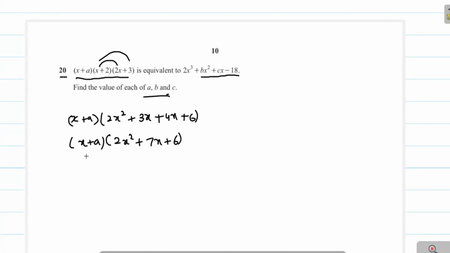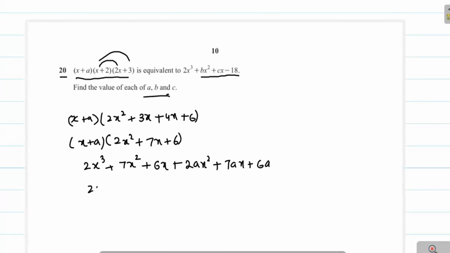Now we multiply this and we get 2x cubed plus x into 7x is 7x squared plus 6x plus a into 2x squared is 2ax squared plus a into 7x is 7ax plus a into 6 is 6a.